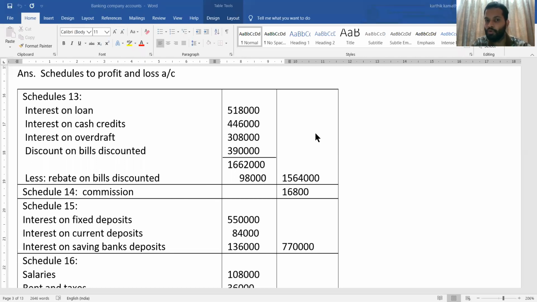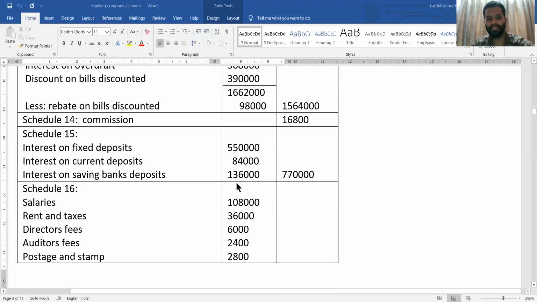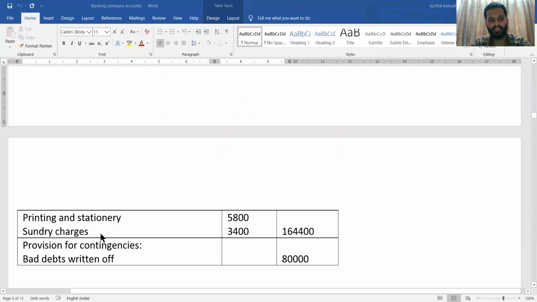So you need to make two columns, and for each schedule you need to make a separate total, because if you do a separate total, while doing the P&L account you can enter that amount directly. So each schedule amount you can enter directly there. Schedule 16 we have already discussed: salary, rent, director's fee, auditor's fee, postage and stamp, printing and stationery, and sundry charges.